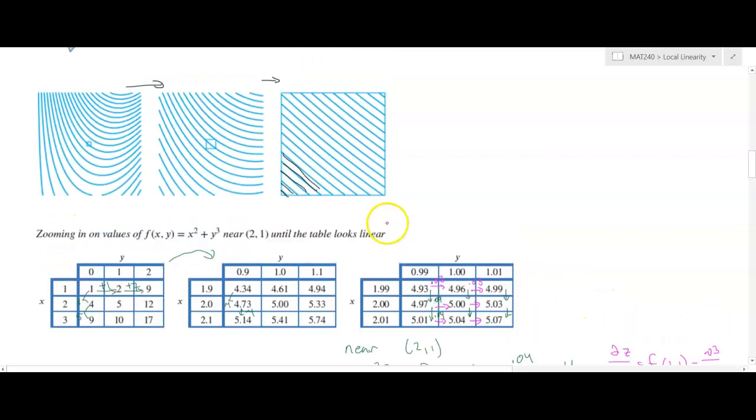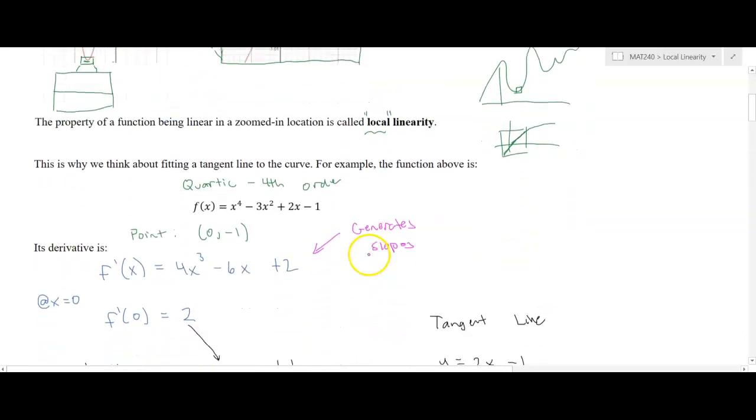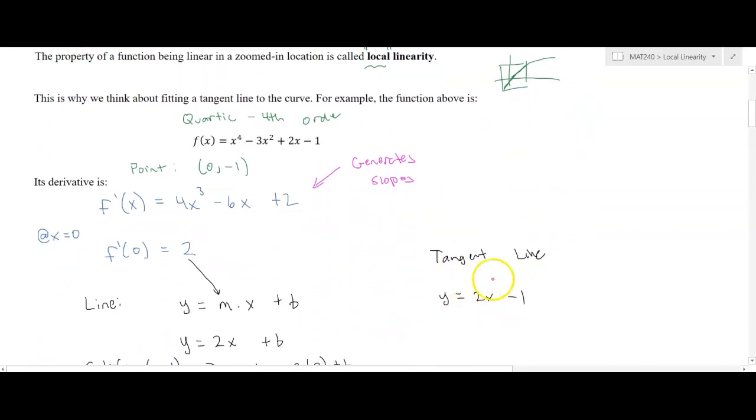Just like with our linear function back here, if we used the equation of this line to make predictions, let's say at x equals 0, we're going to get pretty similar values, because x equals 0 is actually the specific point that we're looking at.